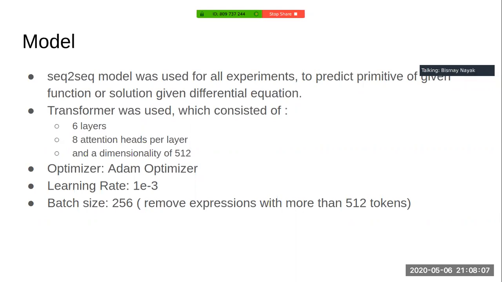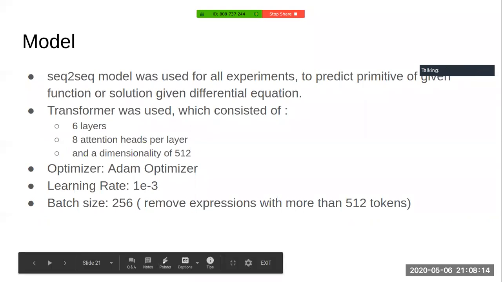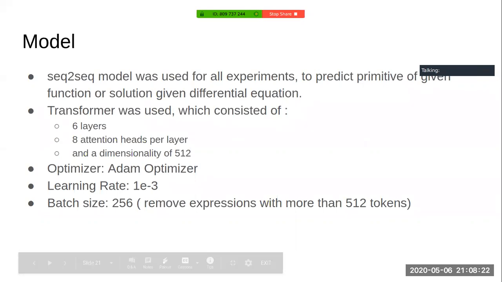And they used an Adam optimizer and a learning rate of 1e minus 3. The batch size that they used was 256. Now, as I said before, they removed expressions that had more than 512 tokens, since the expression would be split up into multiple inputs, and that wouldn't really make sense.